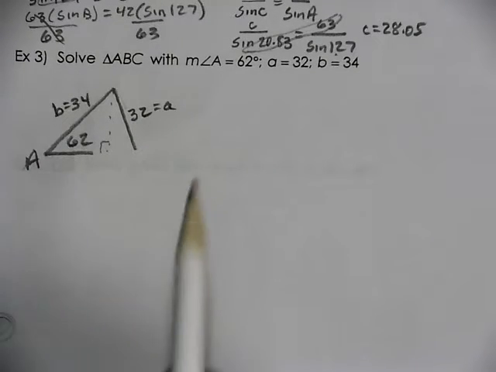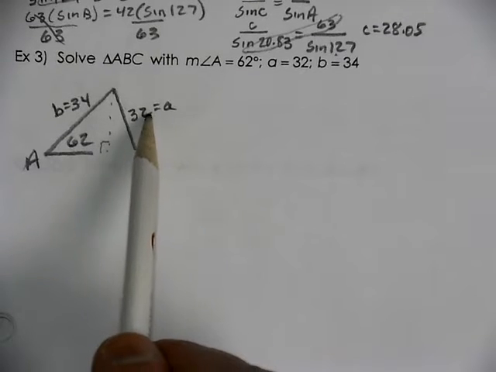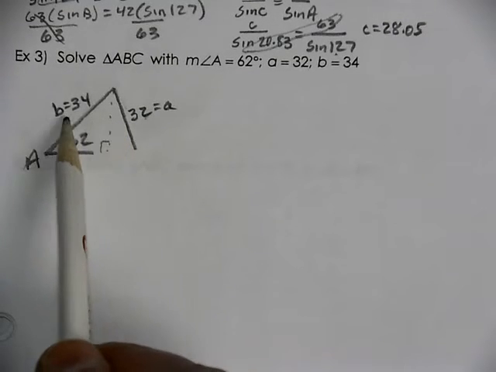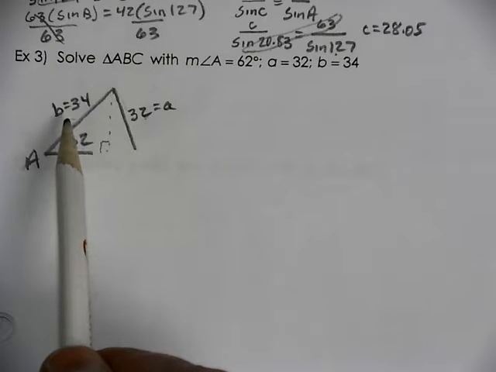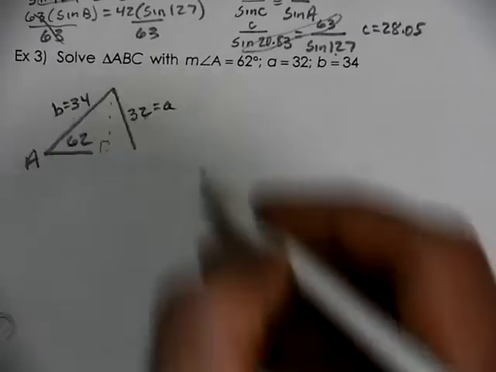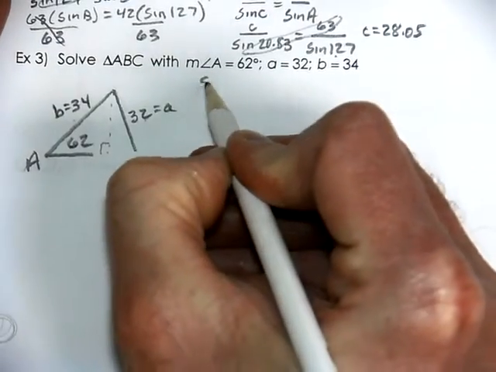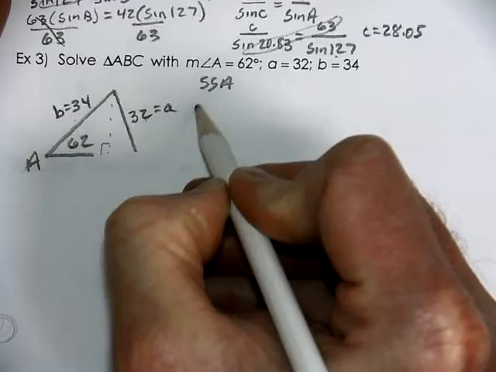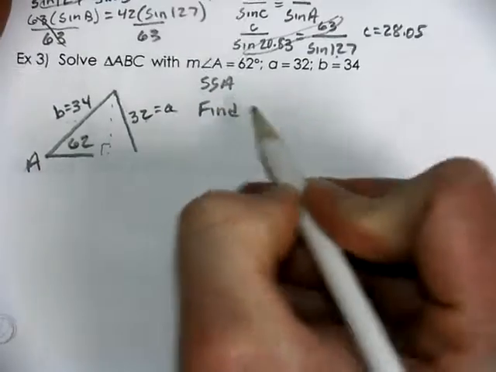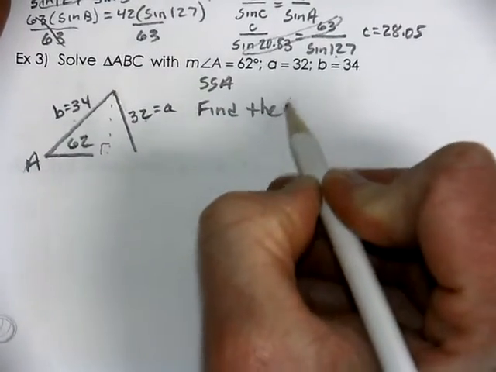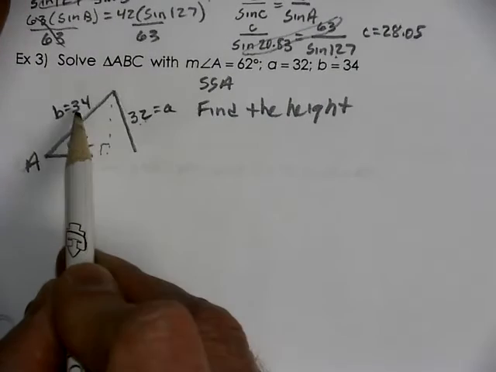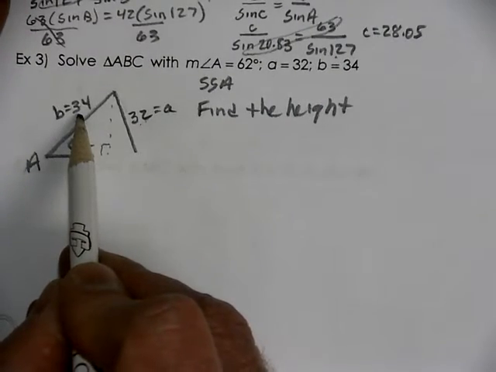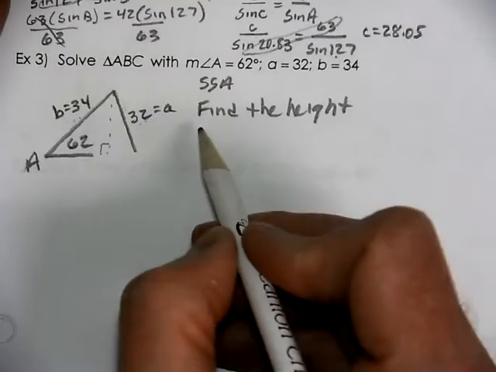Now, we need to find the height in this case because the opposite side is shorter than this original side, or the adjacent side. So we have SSA, and we need to find the height. We need to find the height because the opposite side is shorter than this other side.